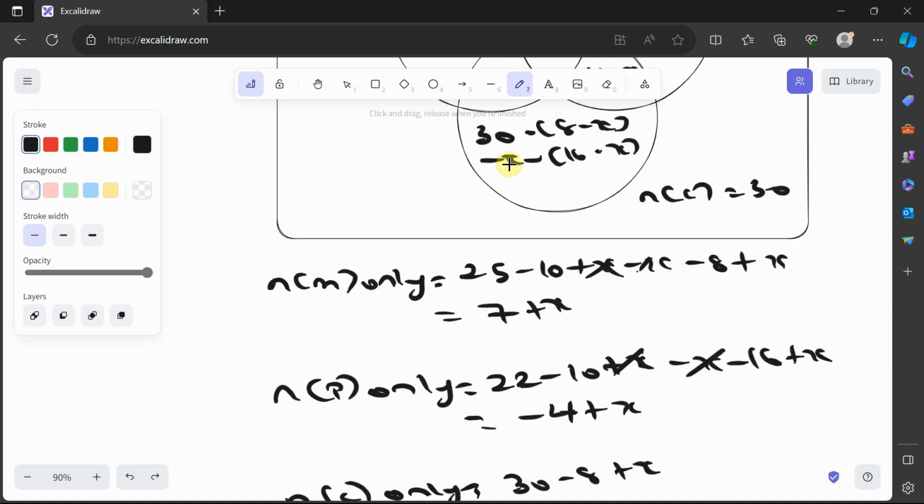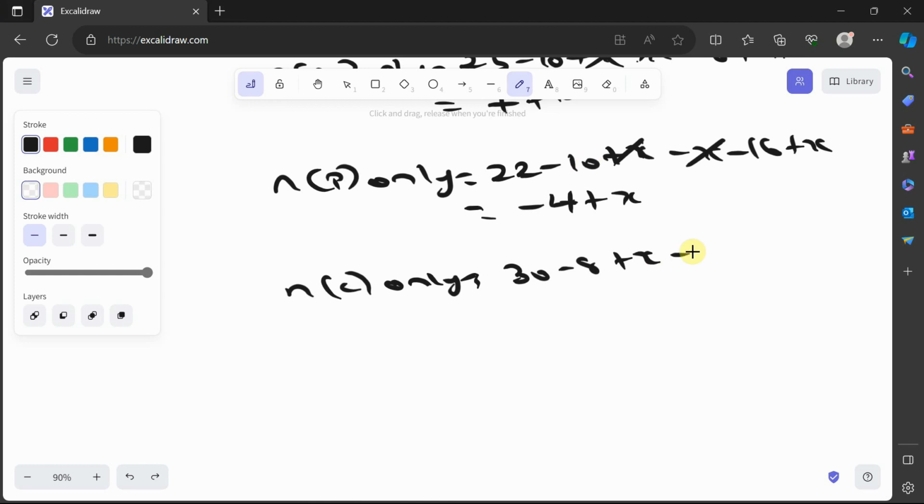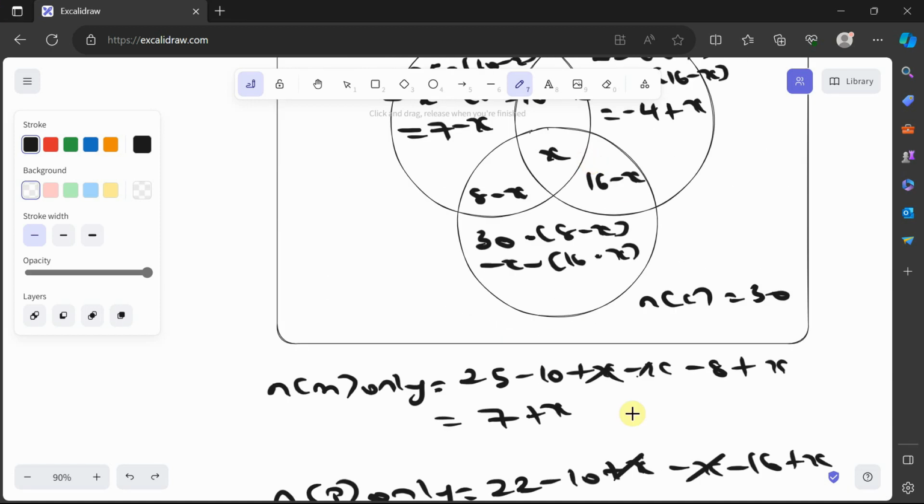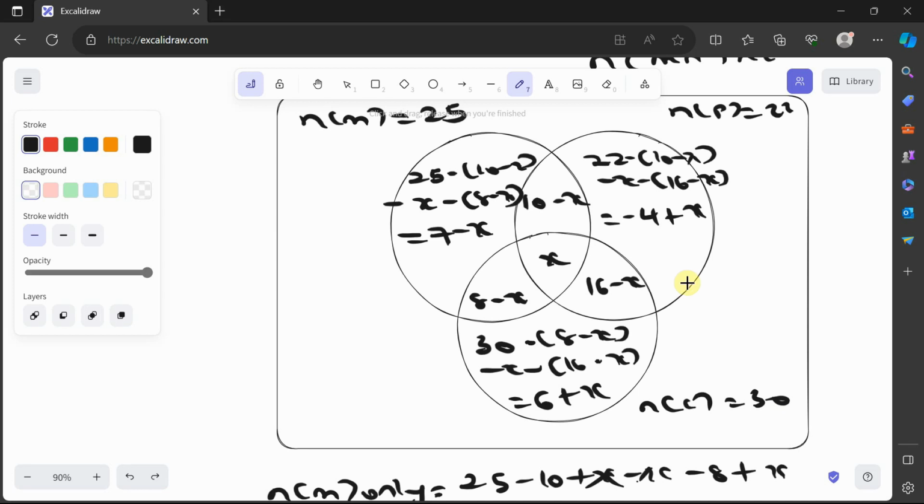Then minus 8 minus times minus, that'll be minus 16 minus times minus plus, so minus x minus 16 plus x. So plus and minus will cancel out. 30 minus 8, that will give you 22. 22 minus 16, that will give you 6, and that will be equal to 6 plus x. So by the time we resolve this guy here, this will give me 6 plus x. So now I know the value of each of the onlys, and then there's no one that does not study any of them.